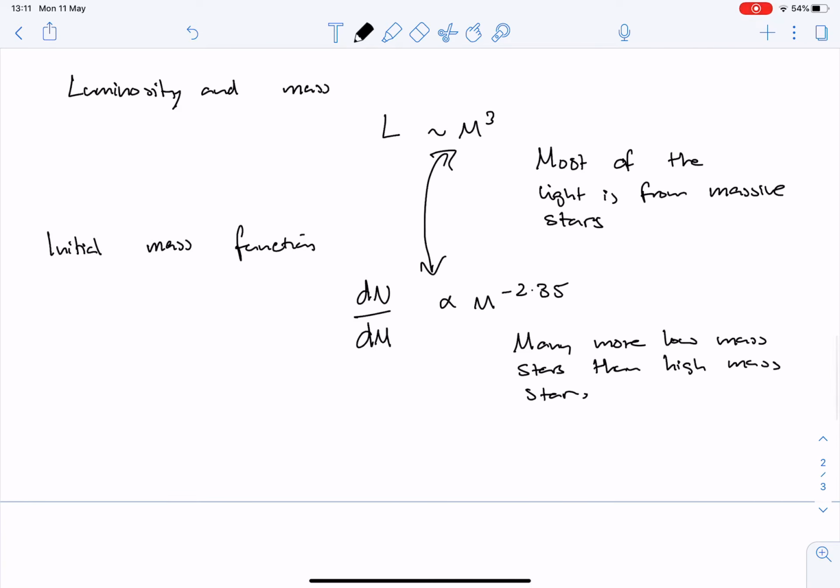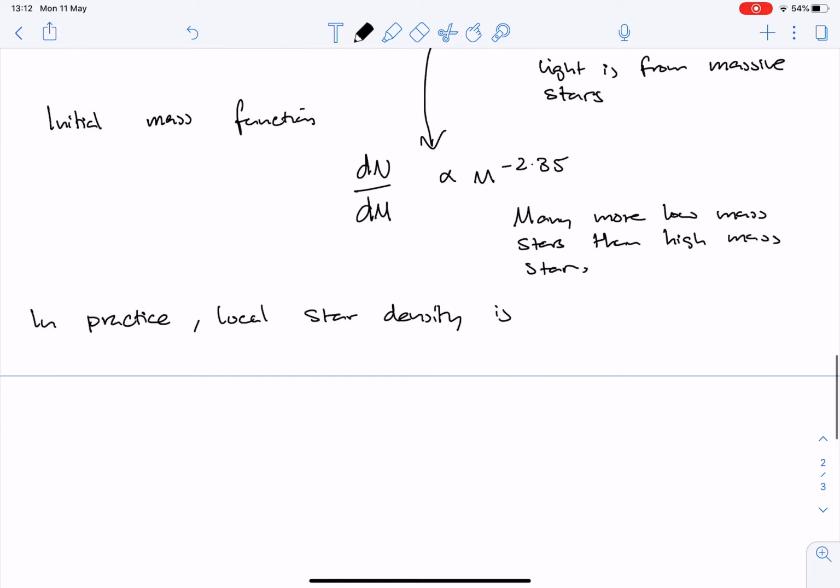In practice, and we'll set this as an exercise for you to show in more detail, the local star density, rho stars, equals something like 5 times 10 to the 8 solar masses per cubic megaparsec, which is something like 0.004 rho crit.